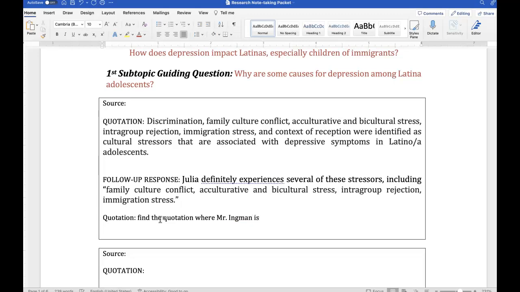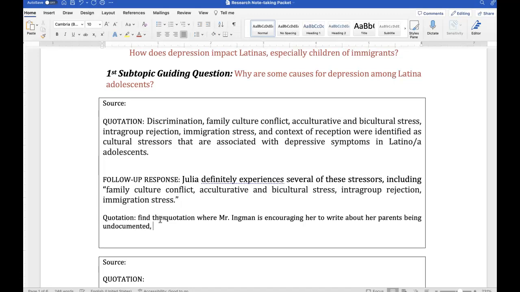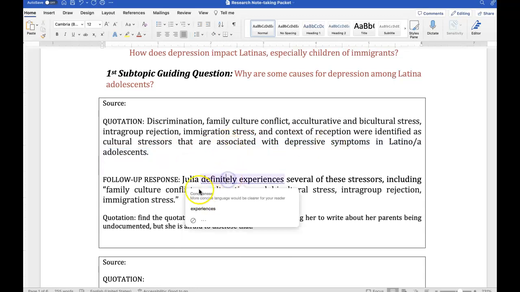Ingman is encouraging her to write about her parents being undocumented, but she is afraid to disclose that. So I would find the quotation and then I would bring it back to this, that this is a stress factor. And according to this article, it has been associated with something that can cause depression in Latino youth.